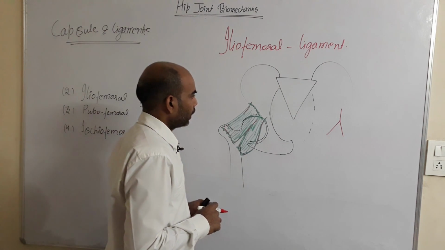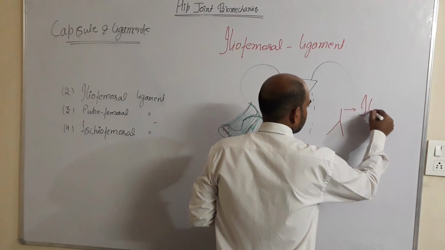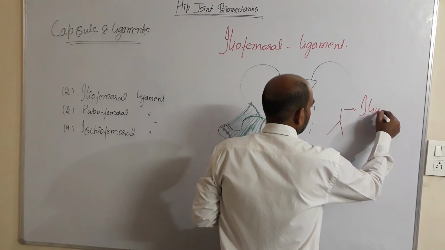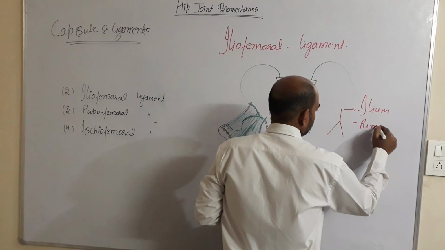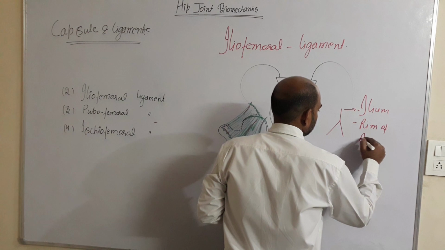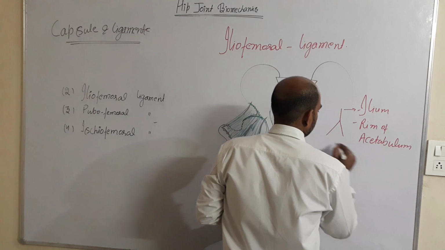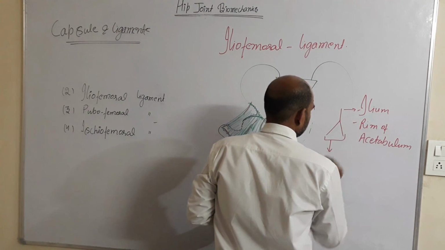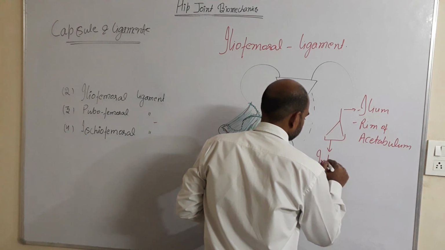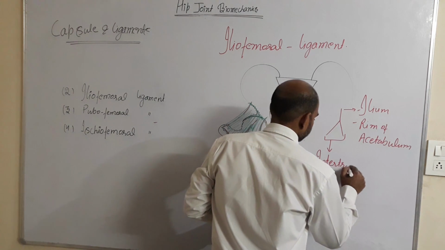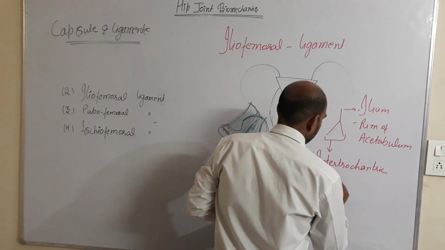Its upper part is attached on the ilium and rim of the acetabulum, and its lower part is attached on the intertrochanteric line.